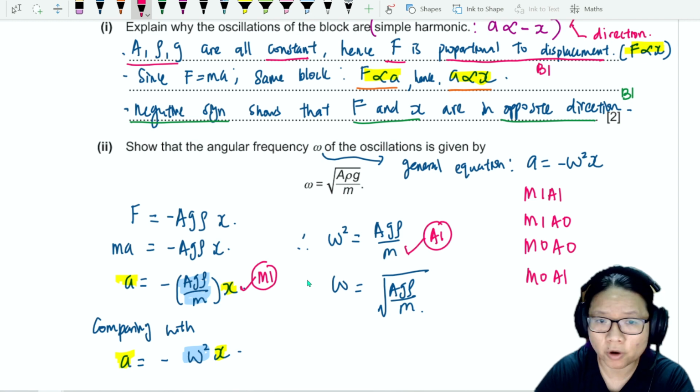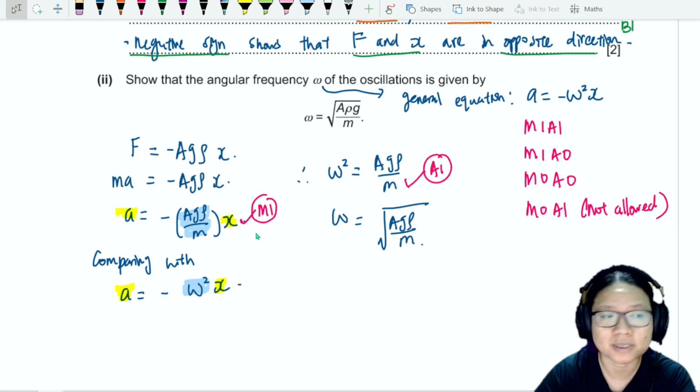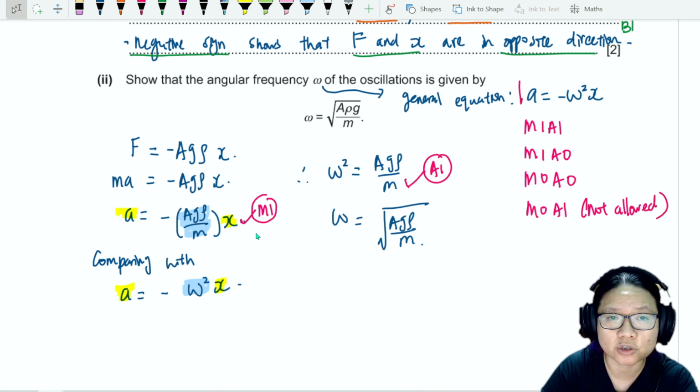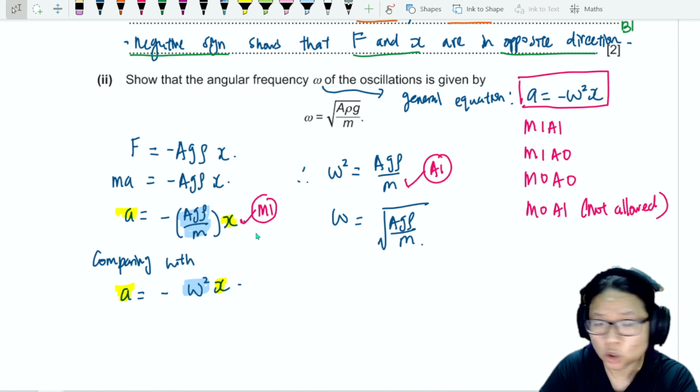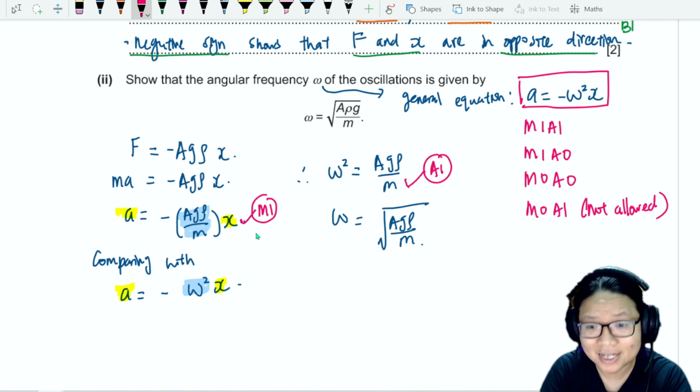M0A1 is not possible, not allowed. Which means if you use any other methods besides the general equation of simple harmonic motion, you will not be given any marks, even if your answer is correct. So it is very important to know the common steps to solve questions like this.